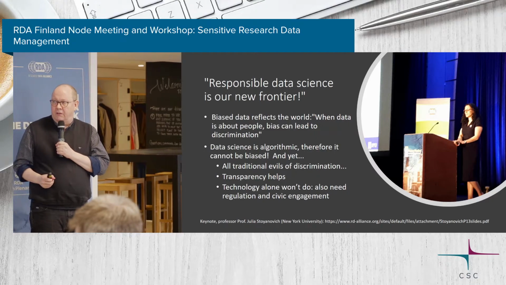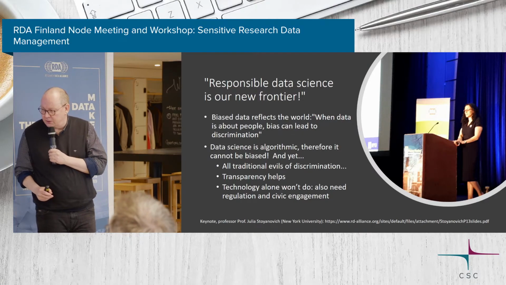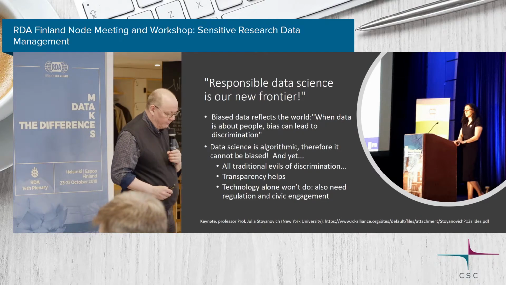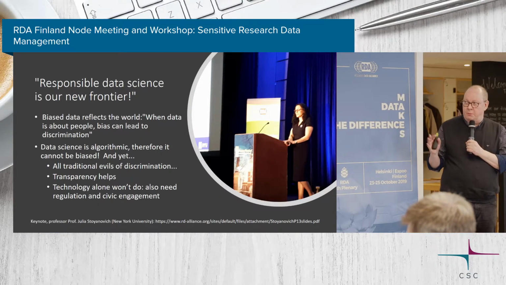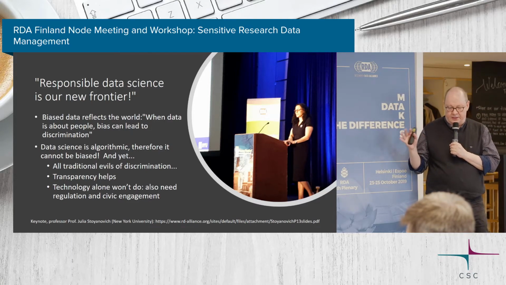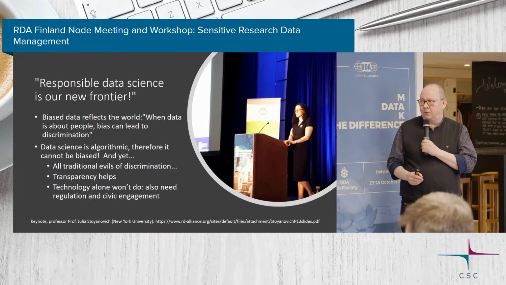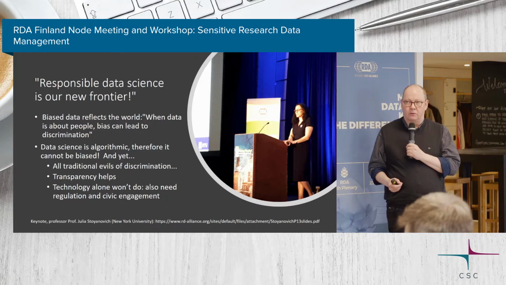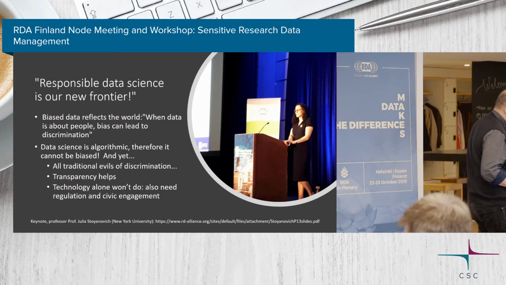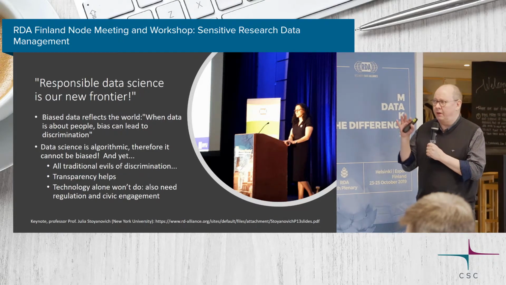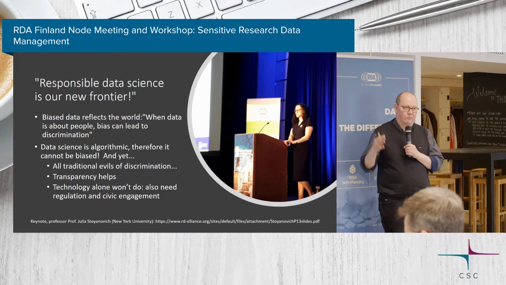The first thing I picked up from the program was the keynote speaker Julia Stoyanovich from New York University. She told us about this responsibility. She's a data scientist and professor at the university, and she had a number of different examples of how data science, machine learning, and artificial intelligence have created some kind of discrimination or biased situations in real life.